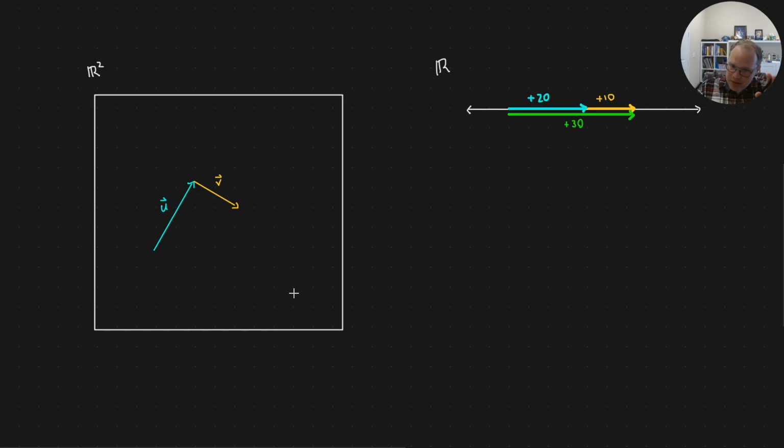But if I add these together, what would I expect to get? It helps to think about this as maybe traveling. If I travel in direction u, and then I switch and I travel in direction v, where do I end up? That's what the vector should communicate, just like it does here. If I have $20 and I add $10, where do I end up?